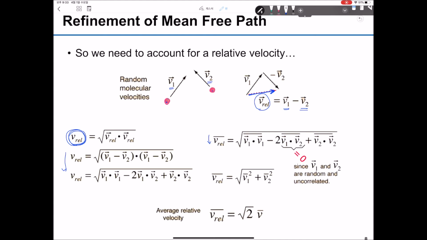The dot product of the same v1 and v1 is simply squared. The dot product between the v1 and v2 vectors is simply 0 because they are not correlated. All right. So it simplifies into this form, and if you do a further simplification, the average relative velocity is root 2 times the average velocity of a molecule.